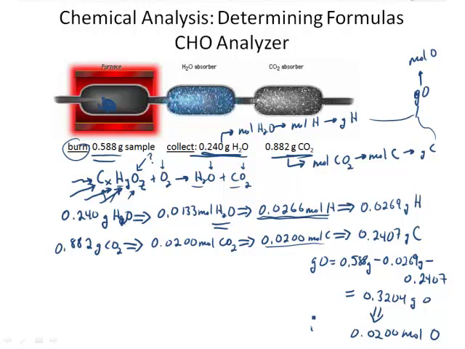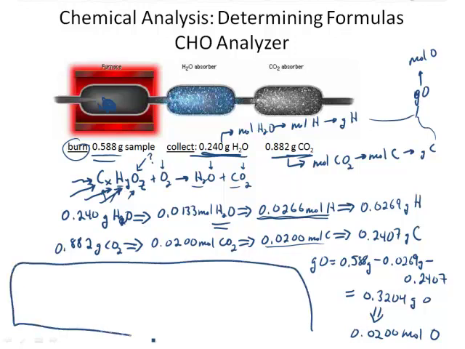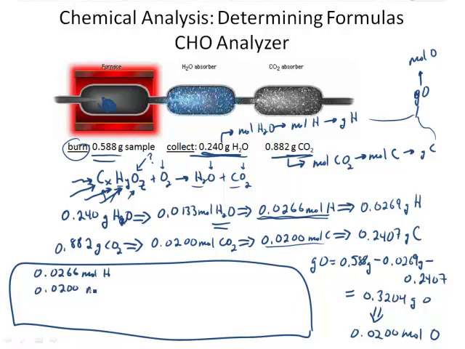So now we know we're close, you can feel it. We have 0.0266 moles of hydrogen, 0.0200 moles of carbon, and 0.0200 moles of oxygen. So fortunately, the moles of oxygen and carbon are the same, so they'll have the same number in the formula.